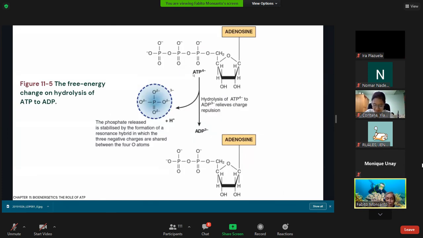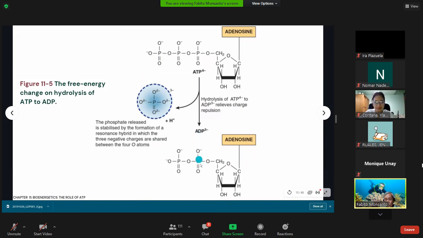All right. When ATP donates its phosphate there, ATP becomes ADP. So this is how it looks like. Minus 1 phosphate here. I have here 1, 2, 3.